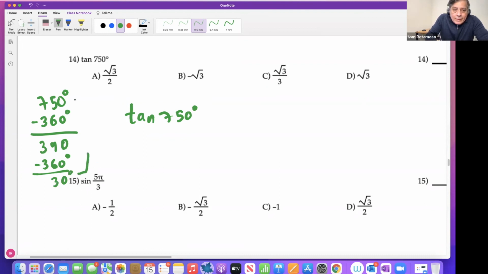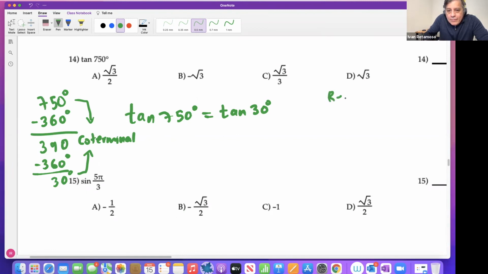What is important here, guys, is that you notice that these two angles, 750 degrees and 30 degrees, are coterminal angles, meaning trigonometrically speaking, the same. Tangent of 750 degrees is exactly the same as tangent of 30 degrees.